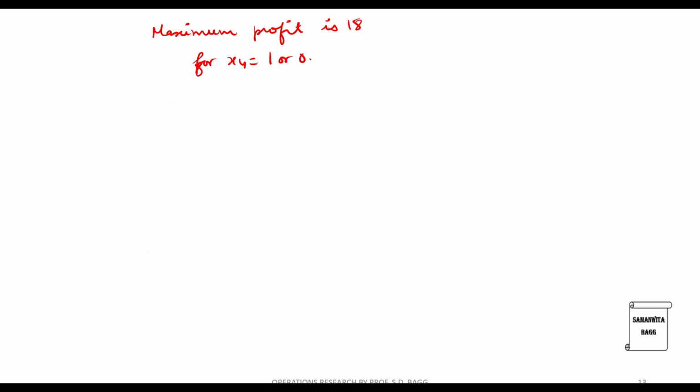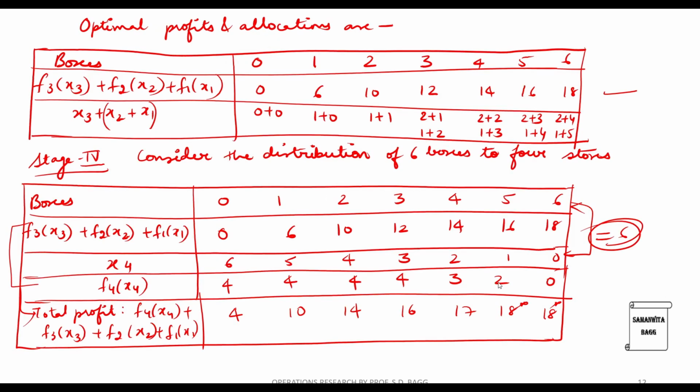Now going back, we will have to find out the other optimal allocations that can be possible. So we'll have to trace back. So if you see here, I have figured out this and this, 1 and 0. If x4 is 1 and 0, you will have different allocations of x3, x2 and x1.